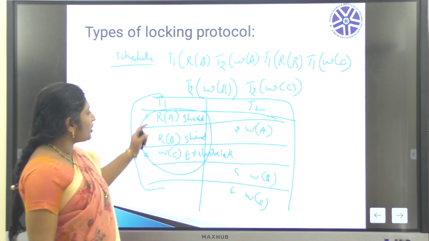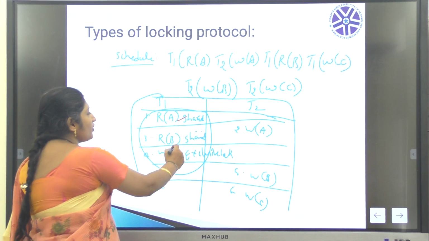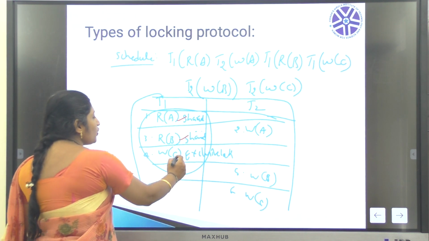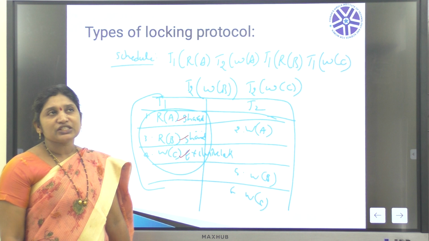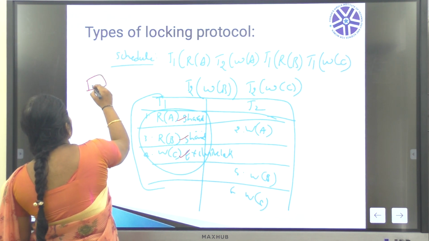So in order to perform R of A, what type of lock is required? Shared lock is required. In order to perform R of B, what type of lock is required? Shared lock on B is required. In order to perform W of C, we require exclusive lock on C. So in my database, what are the data items I am having?